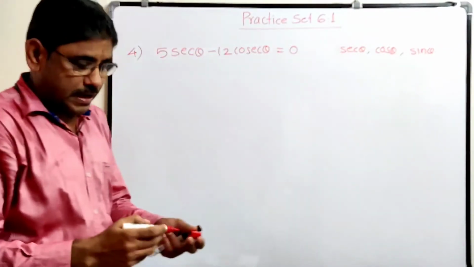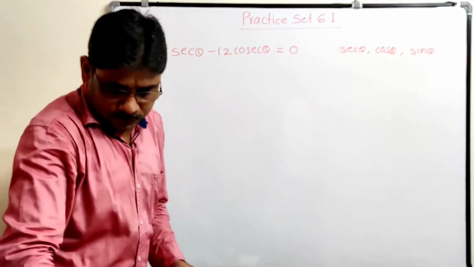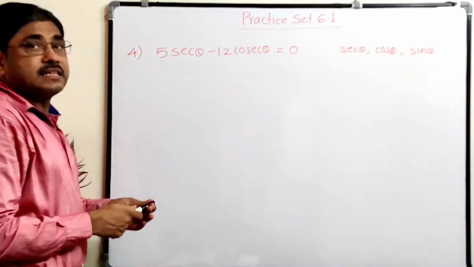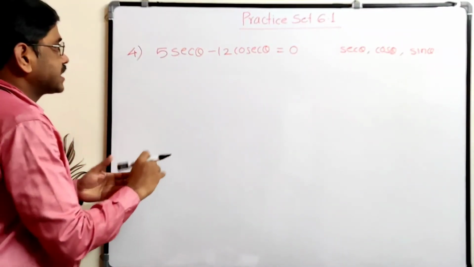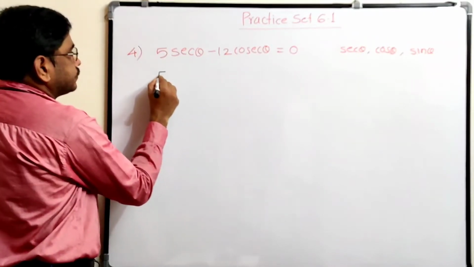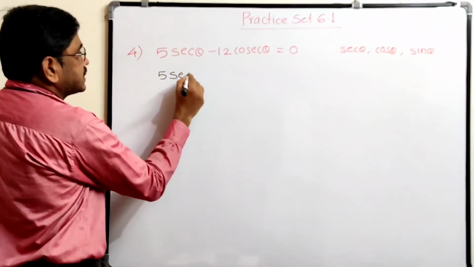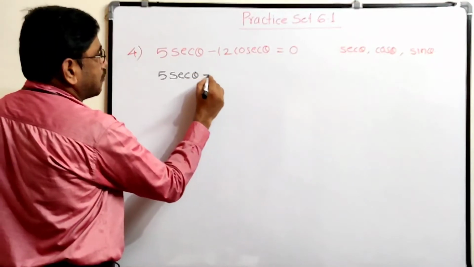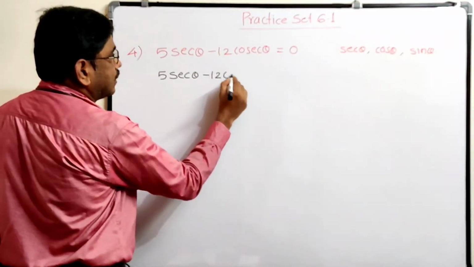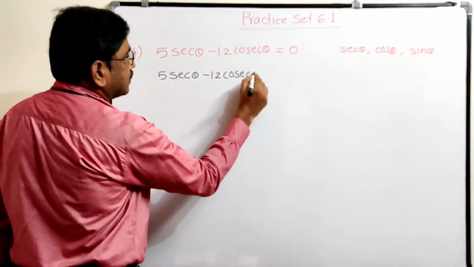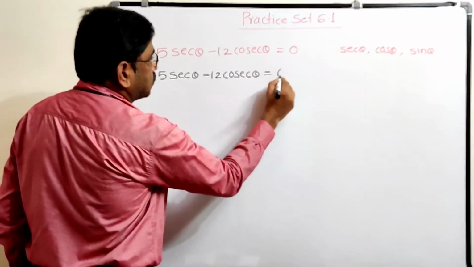So these three values we have to find here. First, consider this given relation. What is given? 5 sec theta minus 12 cosec theta is equal to 0.